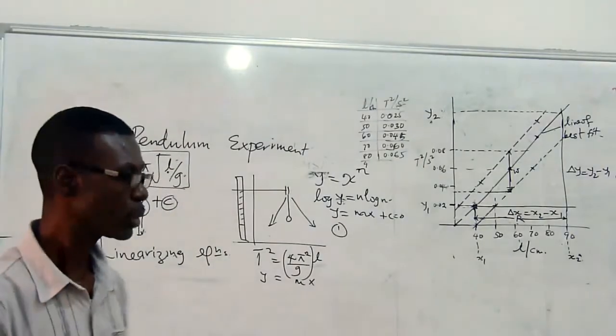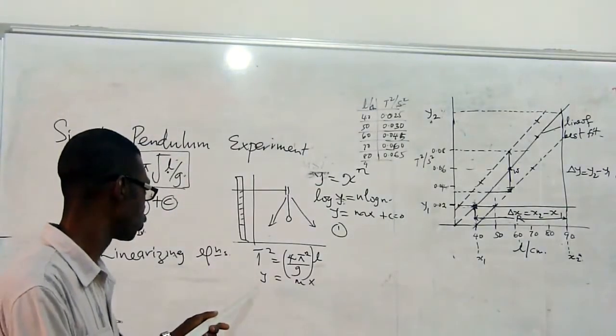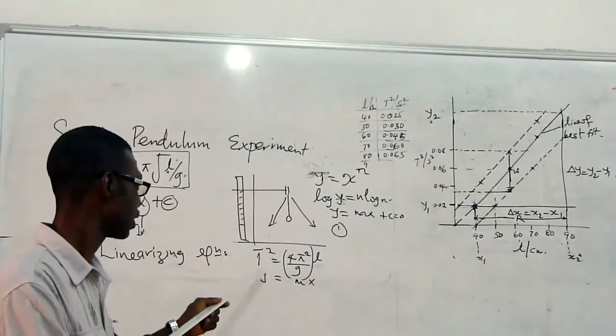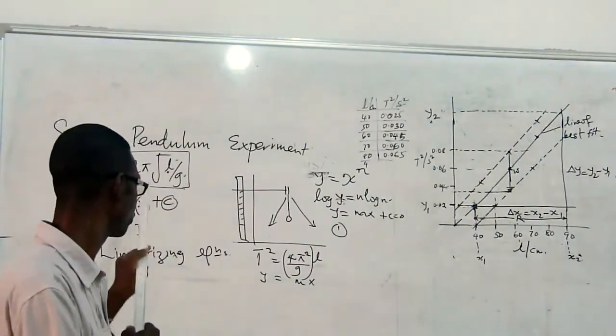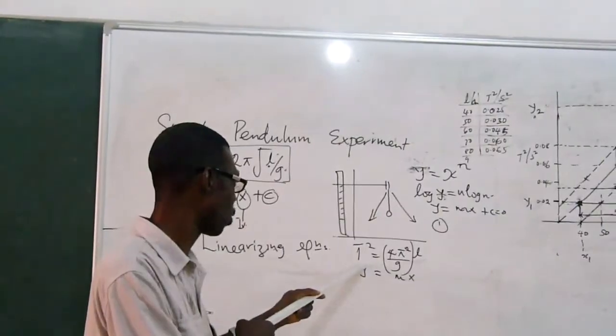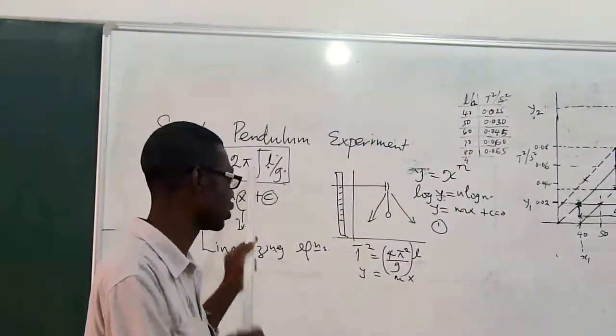So I can now put it into y equals mx. So this has been linearized now. This equation is a linearized form of the original equation that is given.